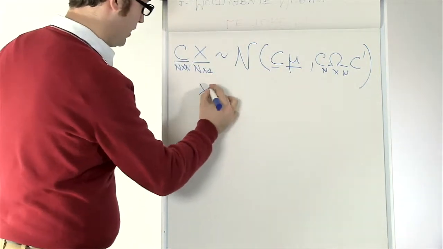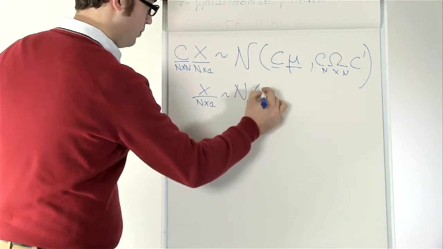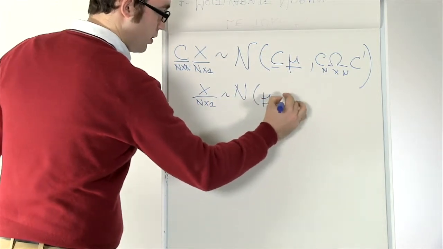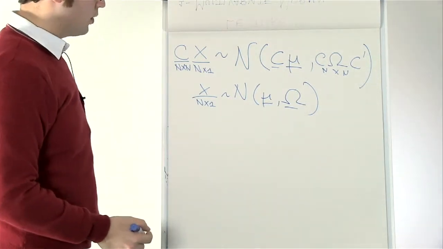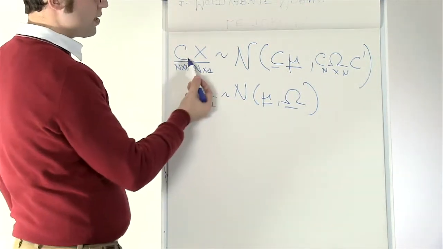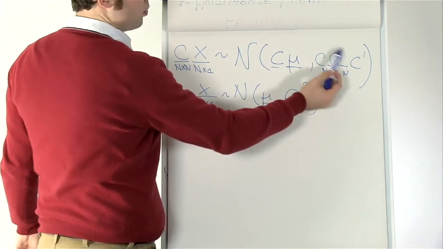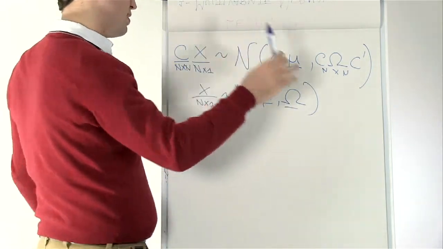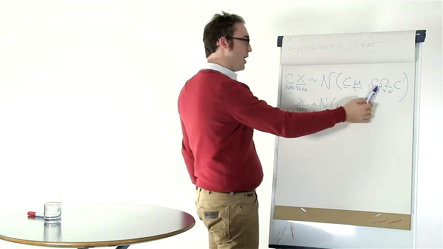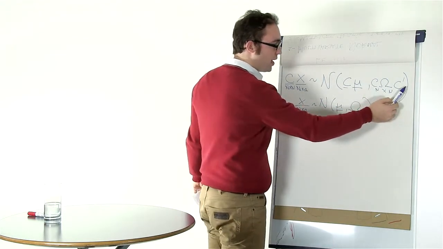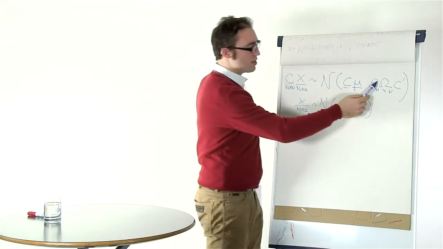I want to remember that x, as before, is an n by 1, that is a normal mu, omega. So we have C multiplied by mu, and for the covariance it's like doing a square in a matrix sense: we pre-multiply omega by C and post-multiply by C transpose.